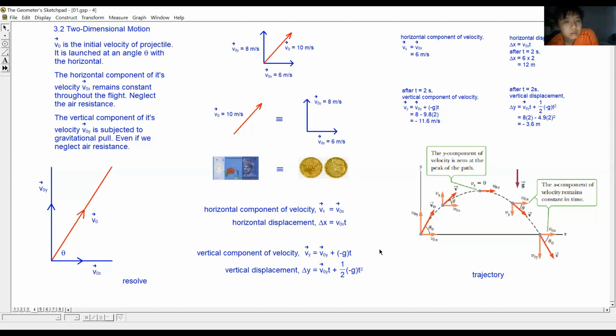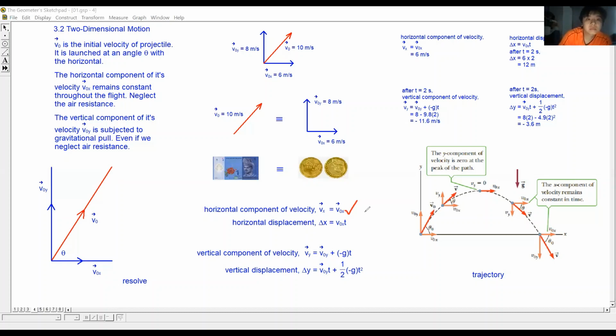So assuming that there is no air resistance or wind resistance, then let's say we start off with a horizontal component of v naught x. We start off with a horizontal component of v naught x. Okay, that is this one, the horizontal velocity here, v naught x.